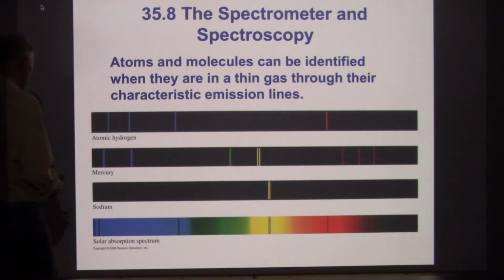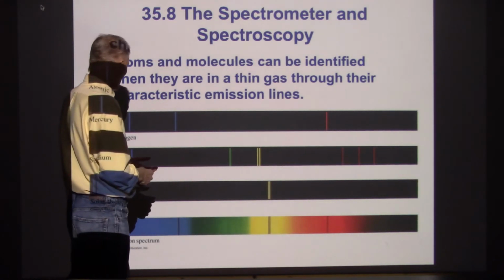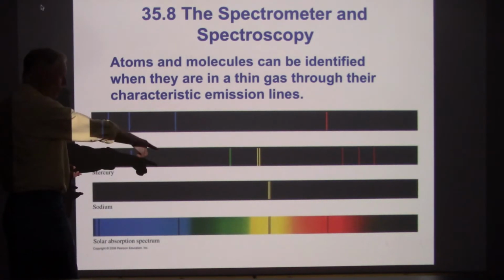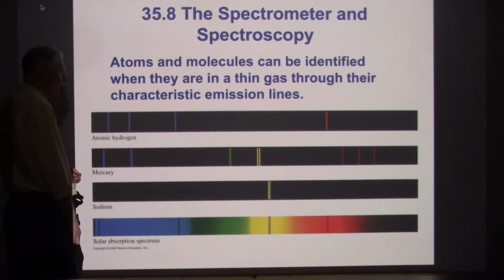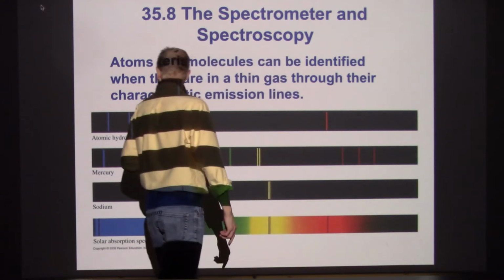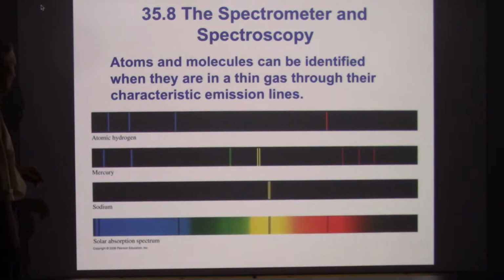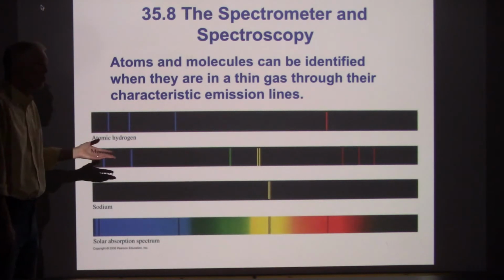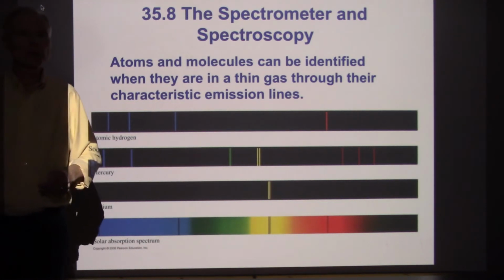Some of those missing lines correspond to the presence of sodium. The other line here corresponds to the presence of hydrogen. Helium, hydrogen had better be in there, and helium too. So anyway, this is what diffraction gratings are capable of doing.